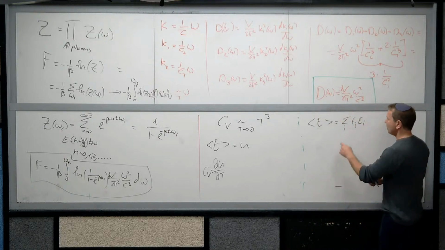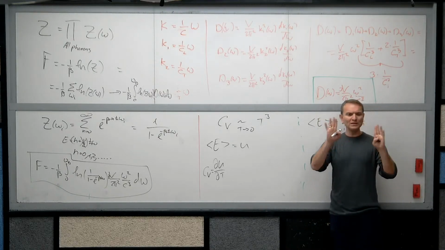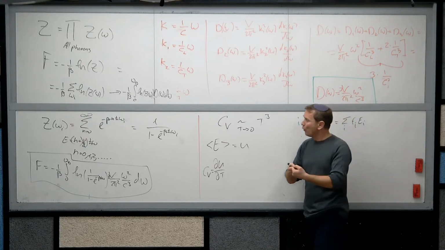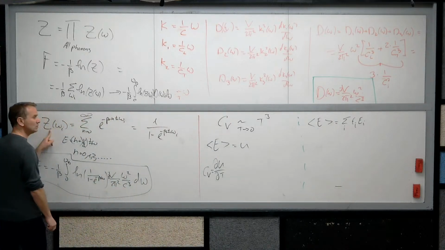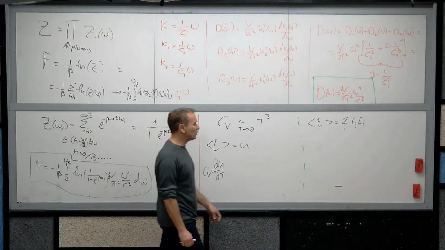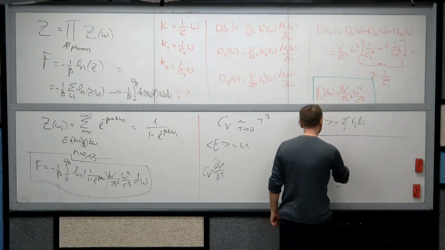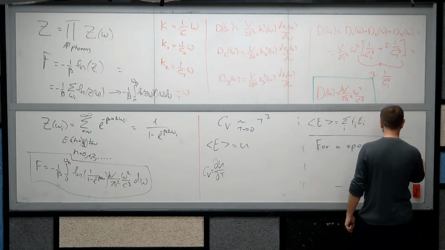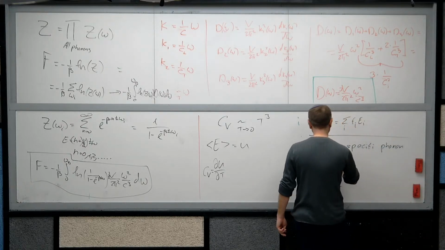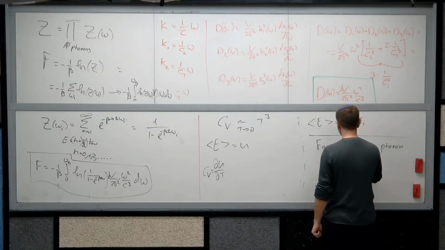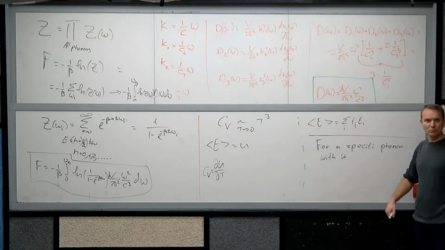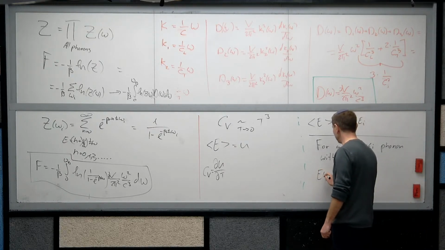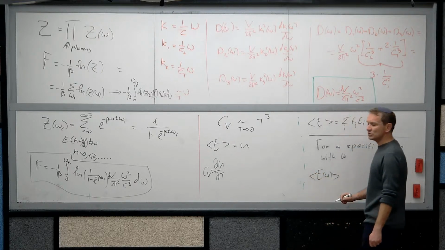So let's imagine that we have only one single phonon, one single quasi-particle. How do I compute the average energy of this single particle? For a specific phonon with a given omega, I'm looking only at this specific phonon, so I want to compute the average E of omega.